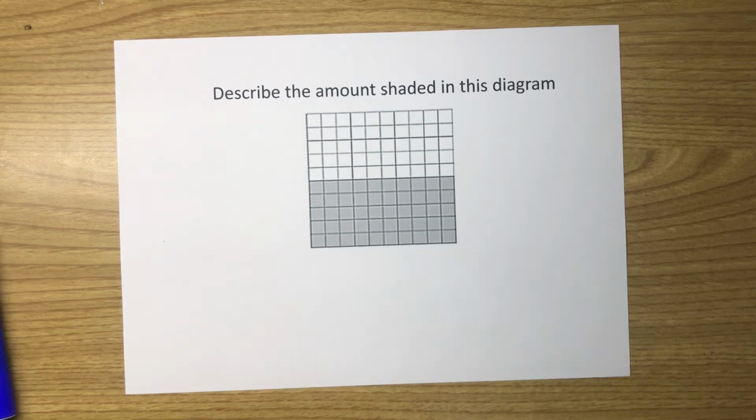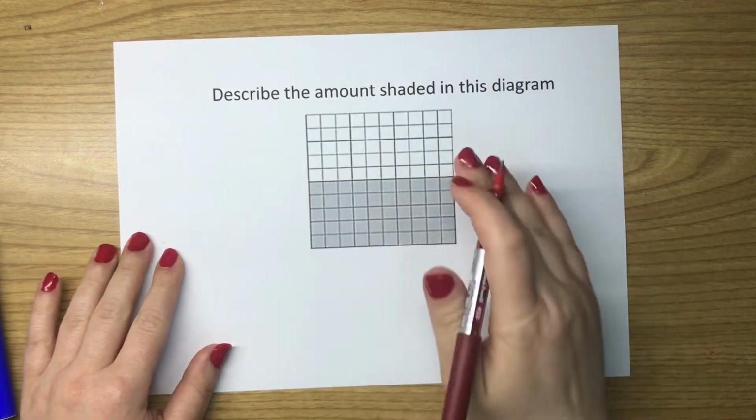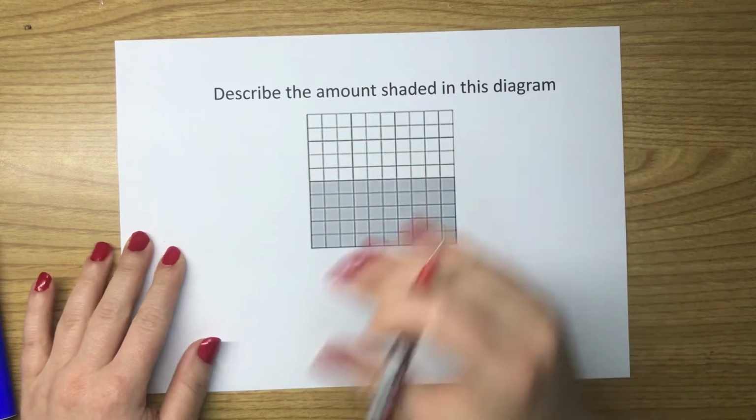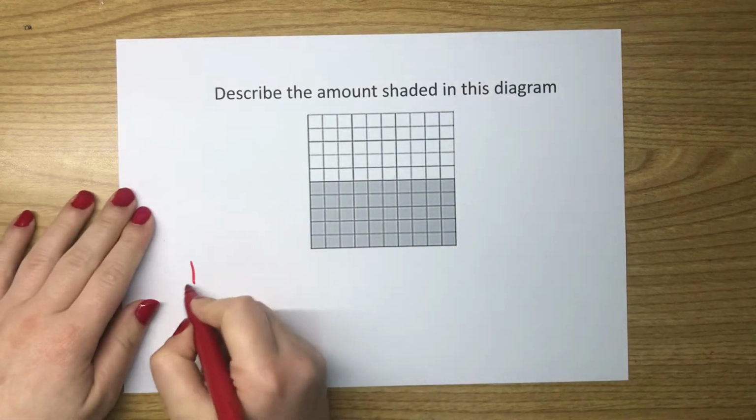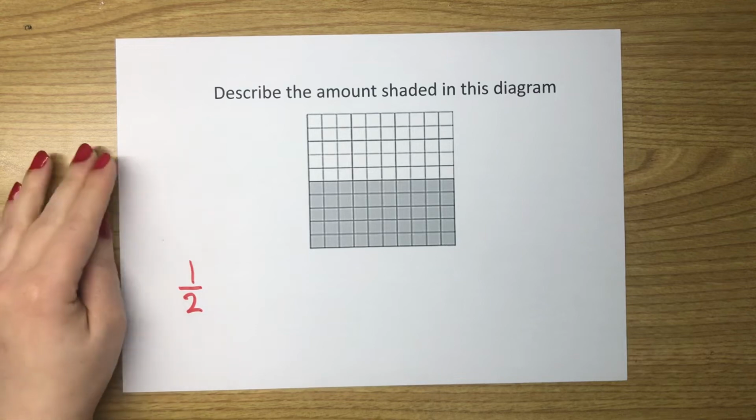This whole square has been divided into 2 equal spaces. One of them has been shaded, so I can say that half of it is shaded, right?